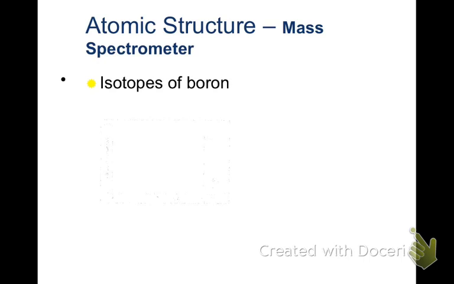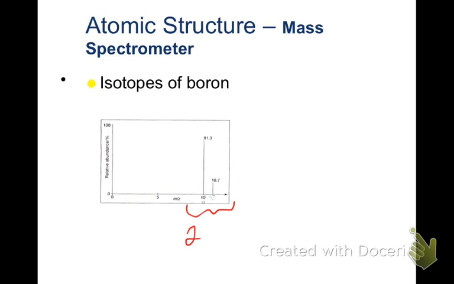So here's an example of the isotopes for boron. You can see that boron has 2 isotopes from the 2 peaks shown. 2 peaks in the mass spec equals 2 isotopes.